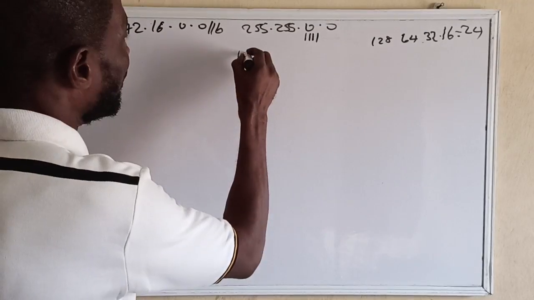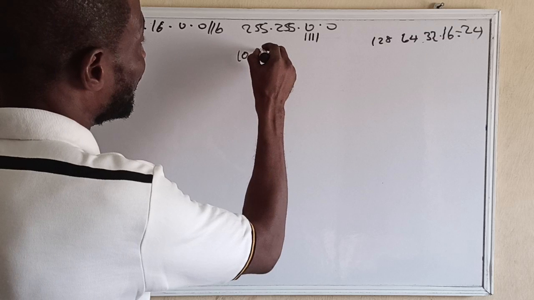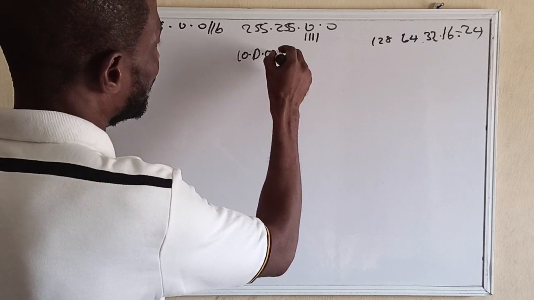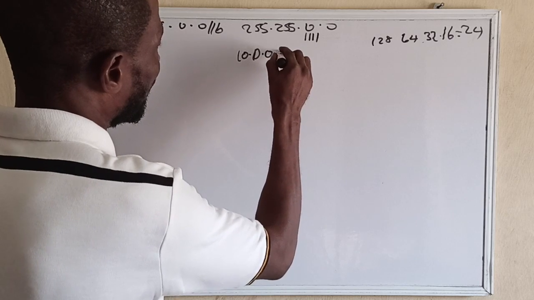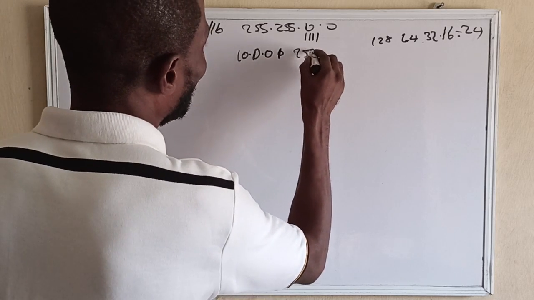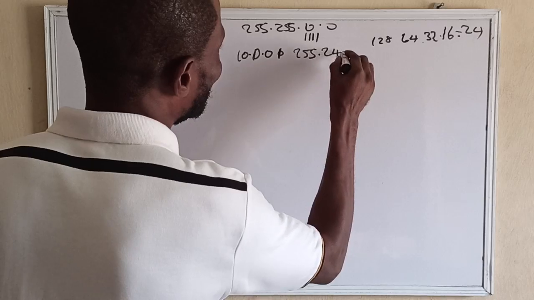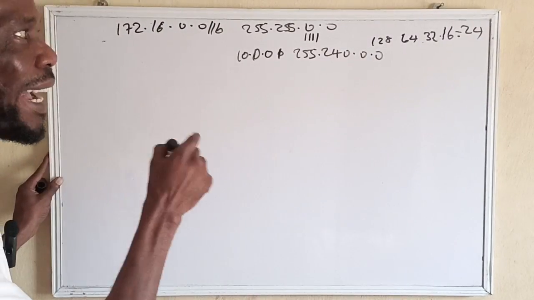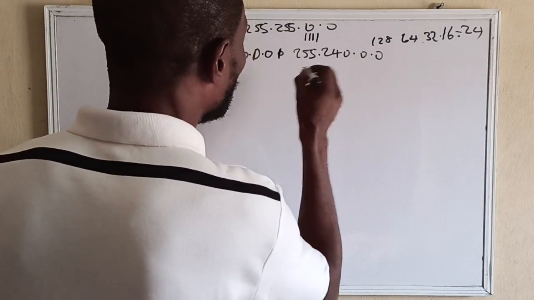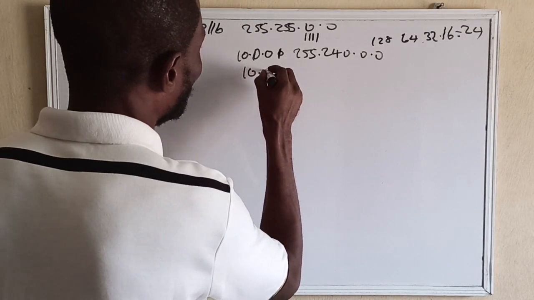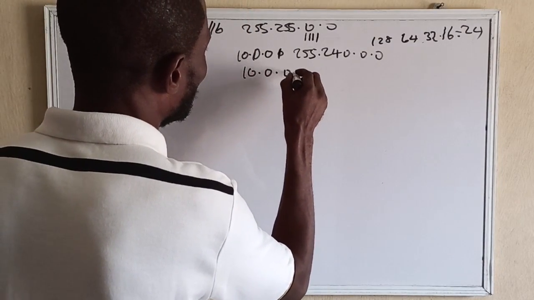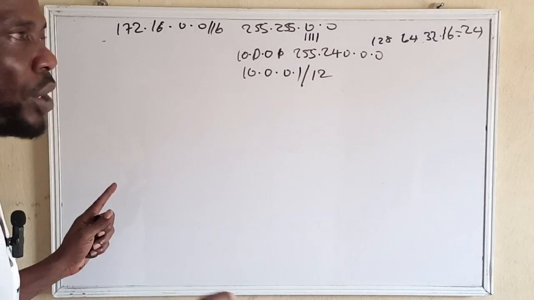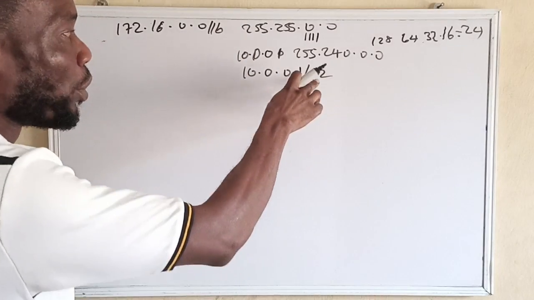It's like this. The subnet mask, because we borrowed, is 255.240.0.0. That's the subnet mask of that class A, which is /12. Or you do it like this: 10.0.0.1/12, because it was 8 bits, and now we borrow 4 to make 12.